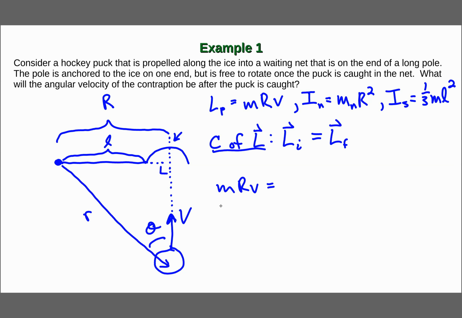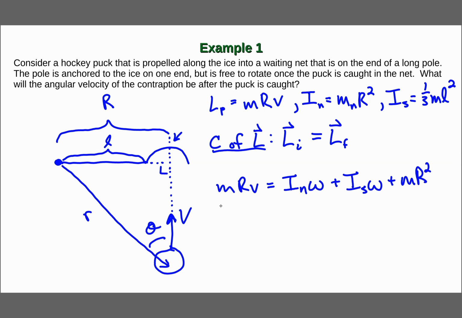And then final, we have I of the net times omega, it's going to have some angular velocity, plus I of the stick times omega, plus the mass of the puck, m, and r squared.